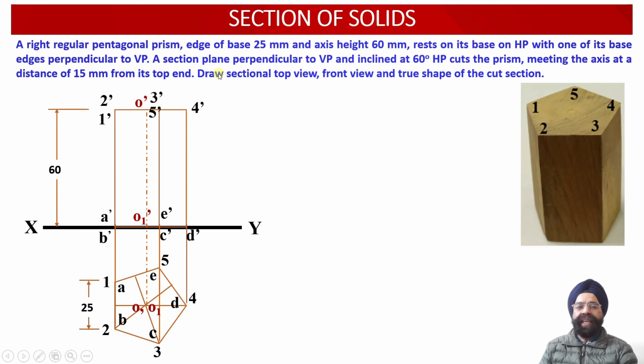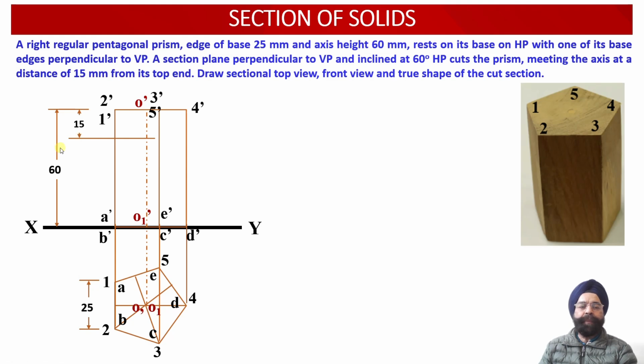Now we know that an auxiliary inclined plane, inclined at an angle of 60 degree to the horizontal plane, cuts the prism, meeting the axis at a distance of 15 millimeter from the top face of this pentagonal prism. So we have marked a distance of 15 millimeter from the top face.